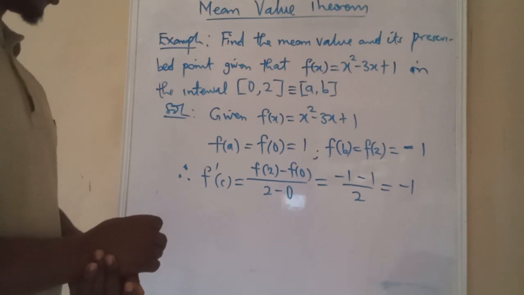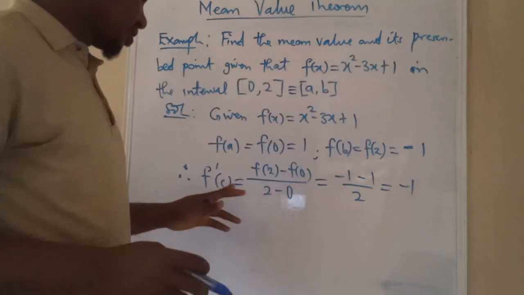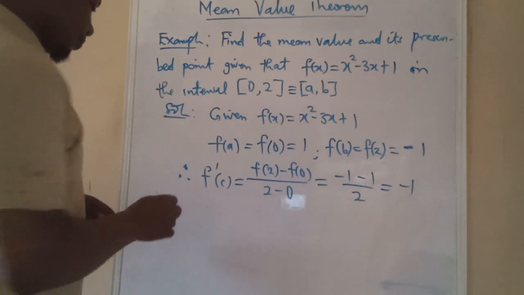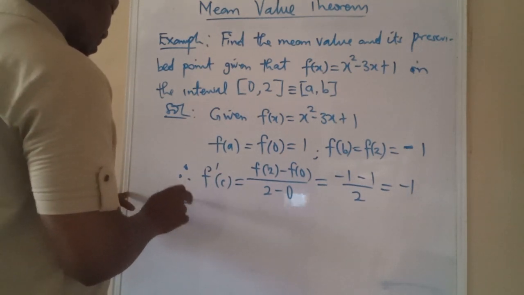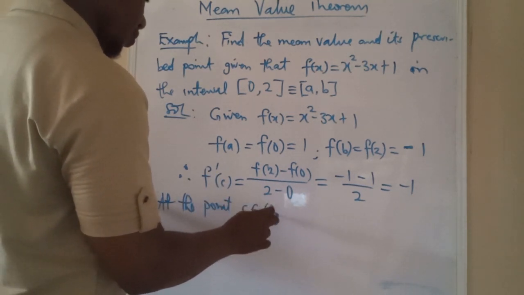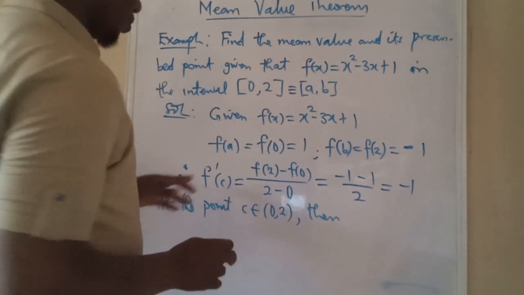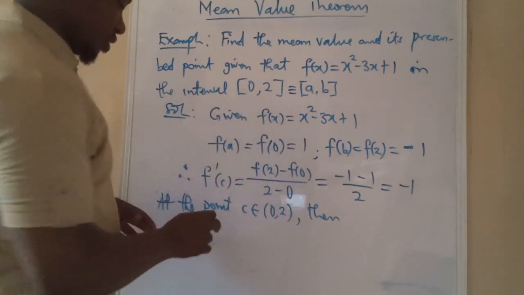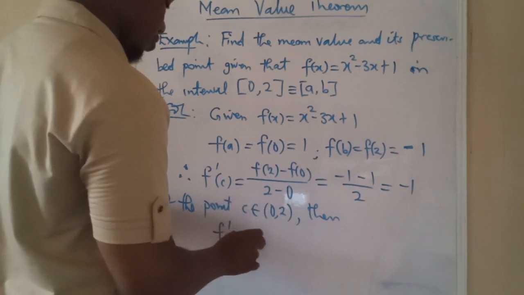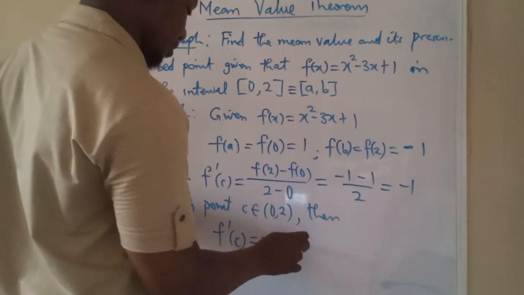But the question says we should find the prescribed point, that is the point C where the curve is turning. So say at the point C, which is in between 0 and 2, f prime of C is equal to 2C minus 3.